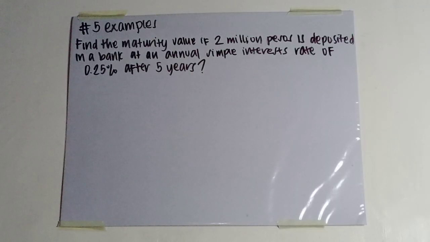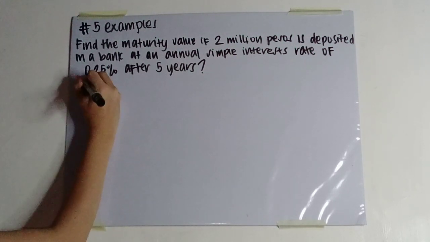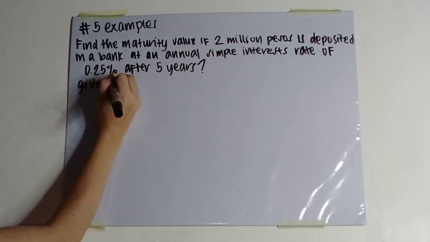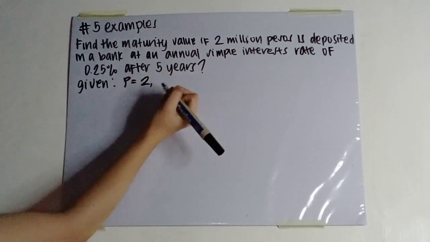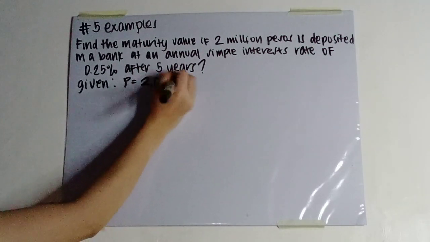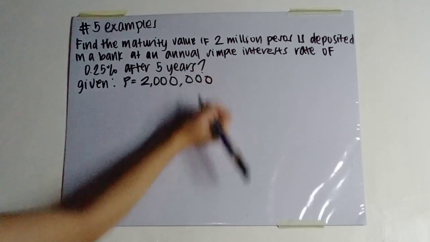Number 5 example. Find the maturity value if 2 million pesos is deposited in a bank at an annual simple interest rate of 25% after 5 years. Write the given. The principal is 2 million pesos.